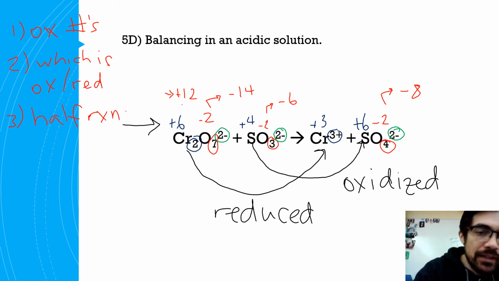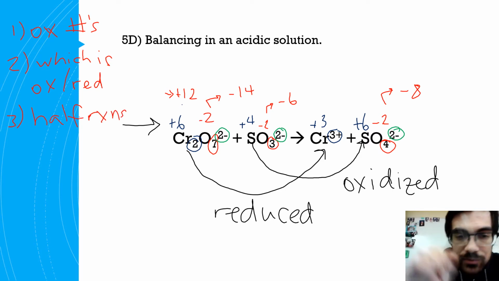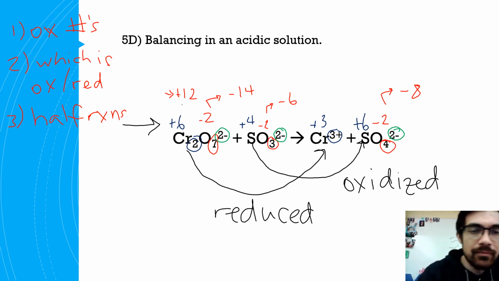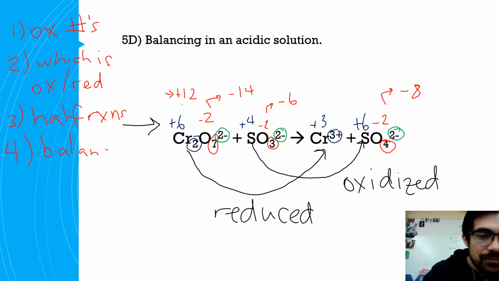I'm just abbreviating reactions as RXN. Now, this is going a little bit ahead, but otherwise we're going to be losing our work here. After that, we are going to balance electrons. Actually, sorry, this is for acid.